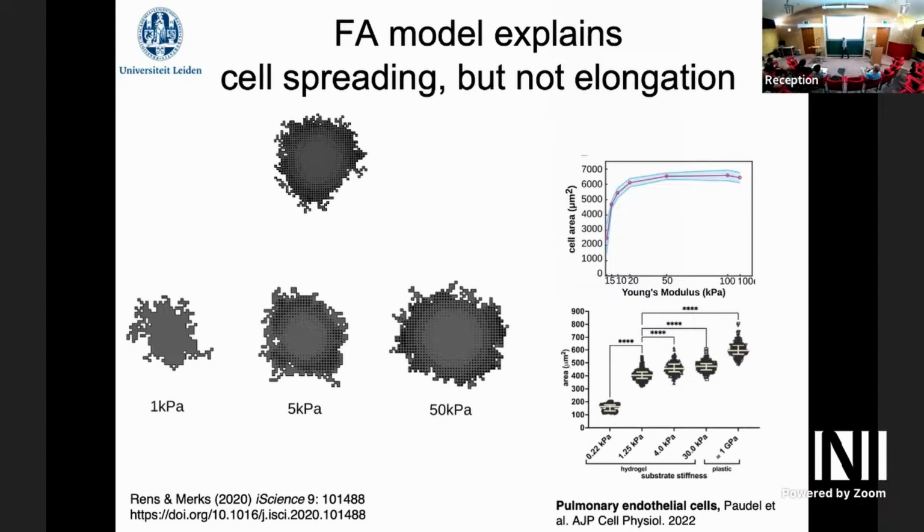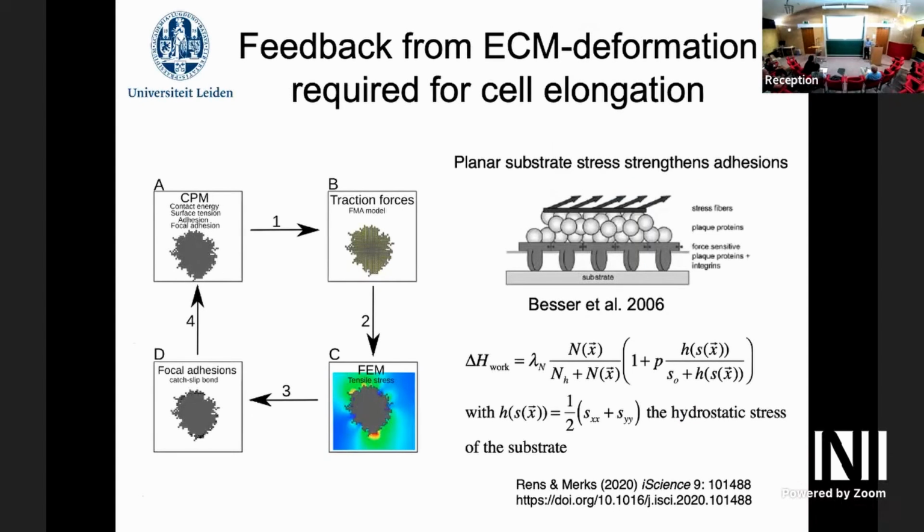Of course, on soft substrates the adhesion will simply degrade, so the cell just spreads a little bit, while on stiff substrates it still spreads out. The result now is that we get cell spreading. That means we have now understood cell spreading, but not yet cell elongation, which I found the most exciting thing to try and explain.